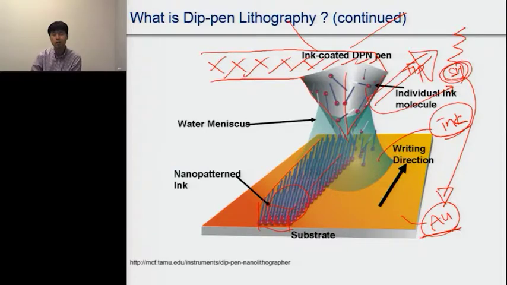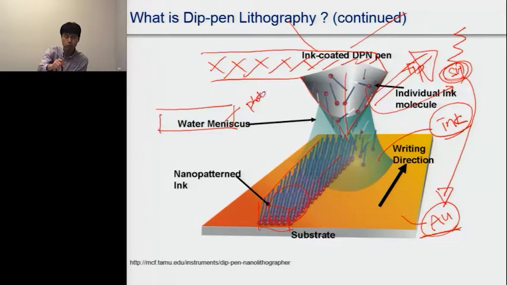This is a little bit different from traditional lithography, because in traditional lithography, as we talked about with e-beam lithography or optical lithography, we spin coat a photosensitive material for optical lithography, and then we expose some areas, and then remove the exposed area, or keep the exposed area, depending on the type of resist.